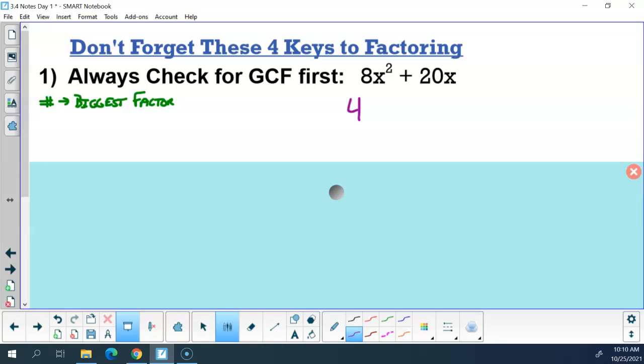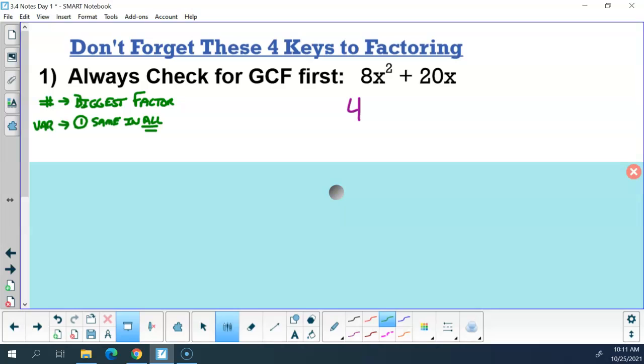Okay? So 4 would be my greatest common number factor. Well, that's good. Okay? Then, for variables, first off, there has to be the same variable in all terms. Okay, so that's the first thing. The variable has to show up in all of the terms in order to GCF it out.